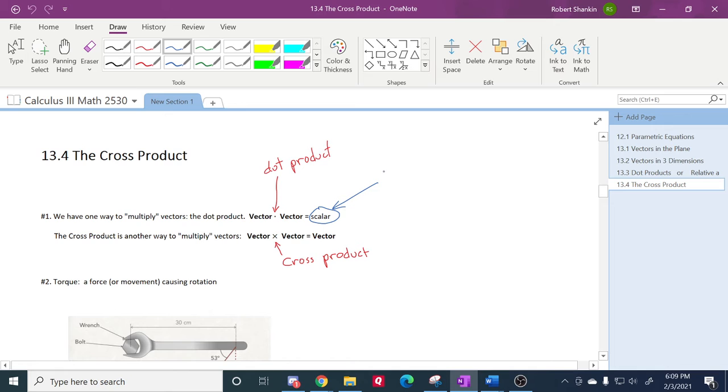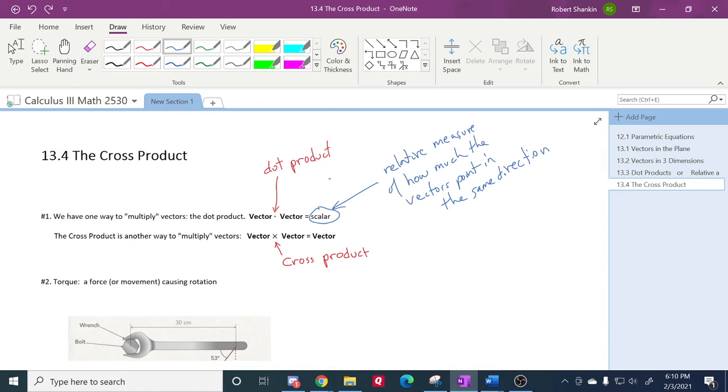It says how much they're in the same direction. Yes, and it says it in a relative way. It's a relative measure of how much the vectors point in the same direction, relative to the product of the magnitudes. So that's what the dot product is.